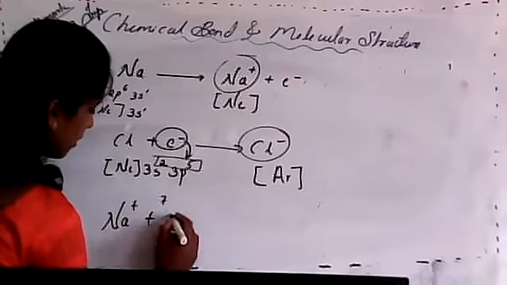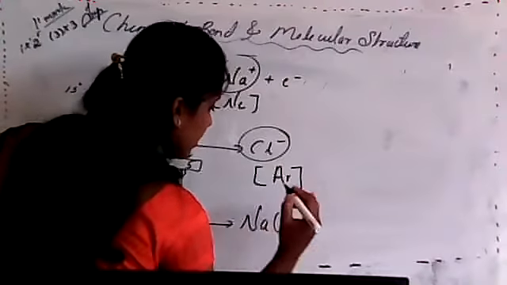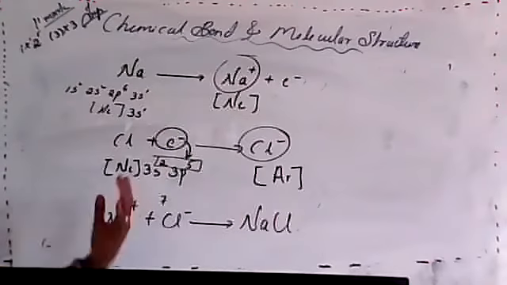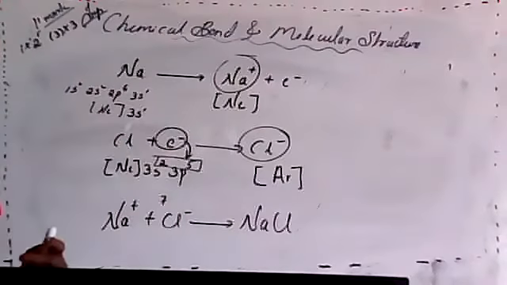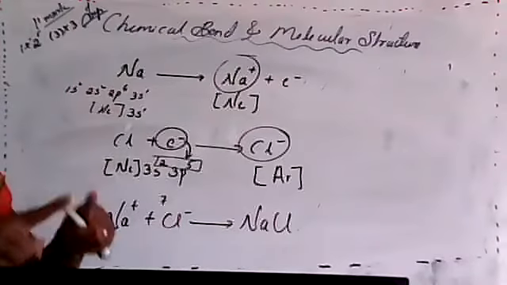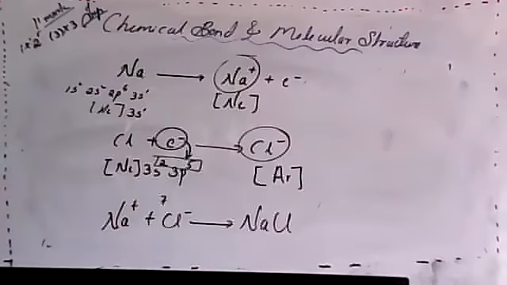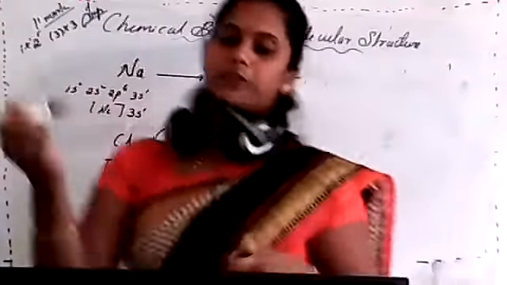Na plus plus Cl minus gives NaCl, isn't it? The bond formed as a result of electrostatic force of attraction between the positive and negative ions which were formed is known as electrovalent bond.